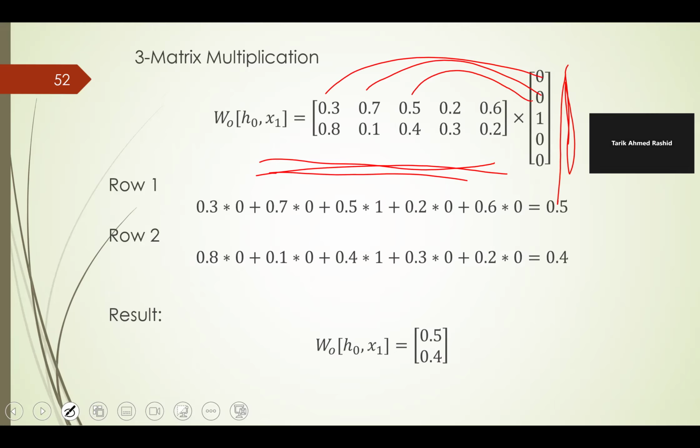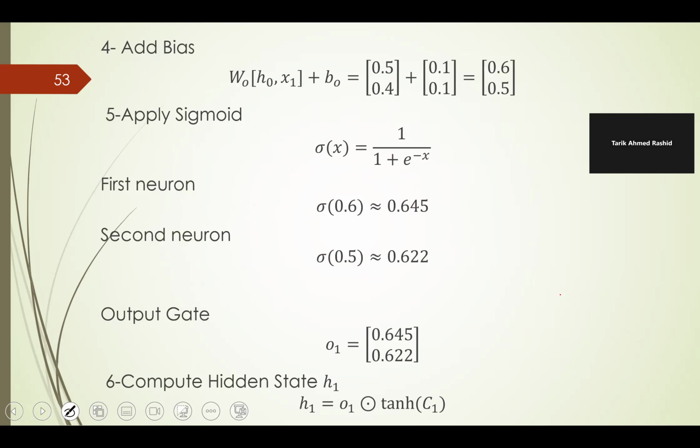For the second, 0.8 multiplied by 0.1 multiplied by 0.4 multiplied by 1. So it is the result of multiplying input by the weight matrix plus the bias, which we assume is 0.1 for all layers and all networks.